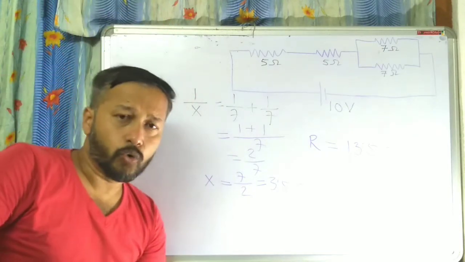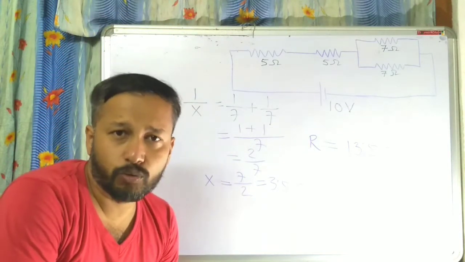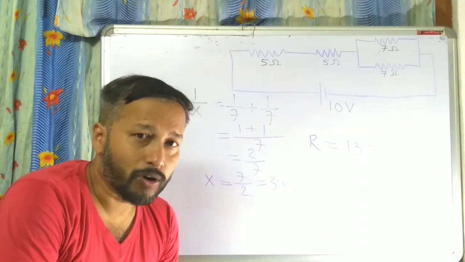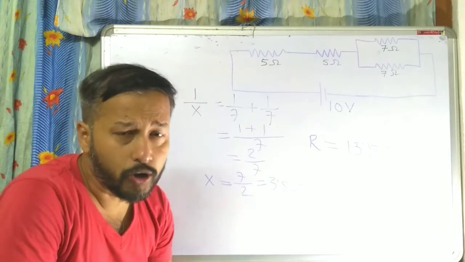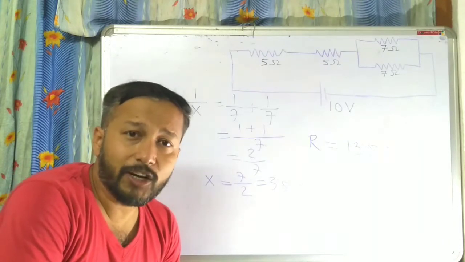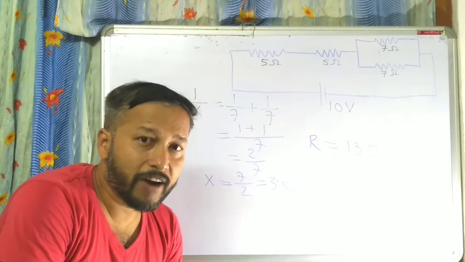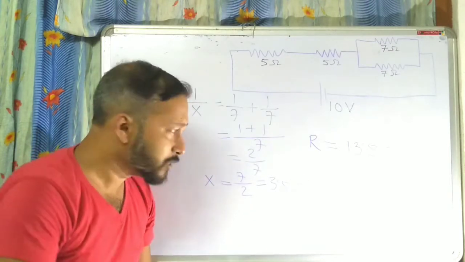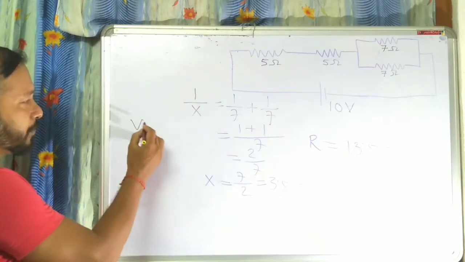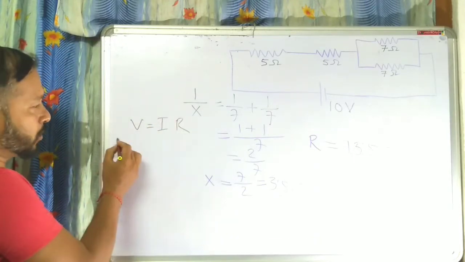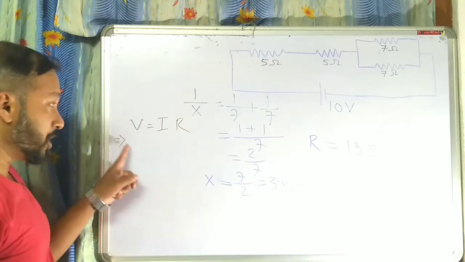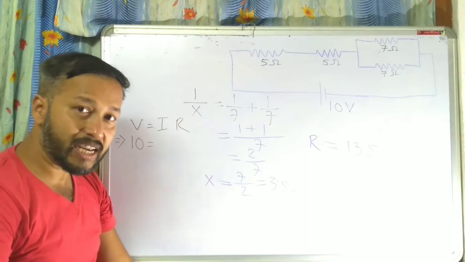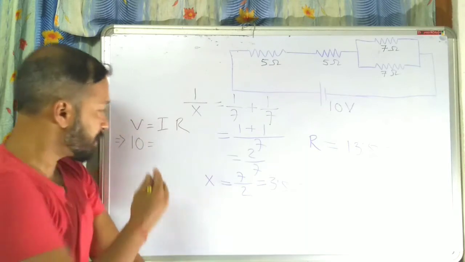Now if I ask you to find the current passing through that circuit, we'll use Ohm's law. According to Ohm's law, V equal to IR. We have to put all these values there. What is V? Potential difference, 10 volt. What is I? We do not know, we have to find it.